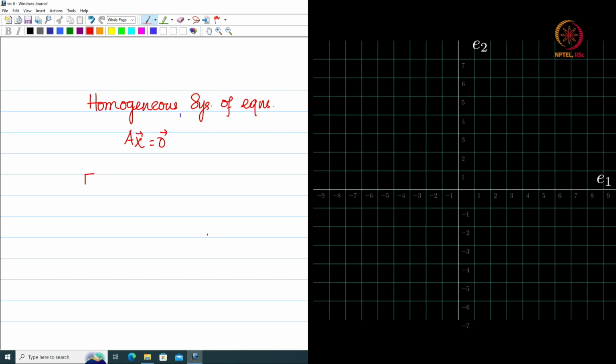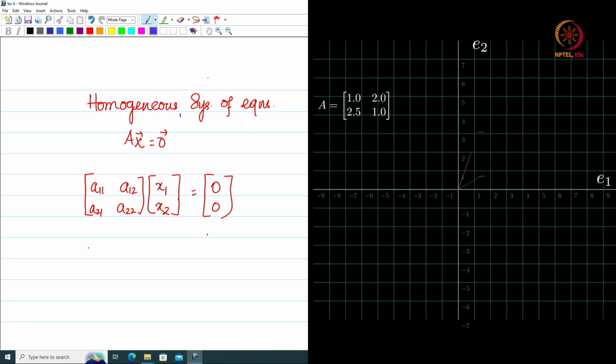Suppose I take a 2 by 2 matrix, A11, A12, A21, A22, into x1, x2, which gives me 0, 0.